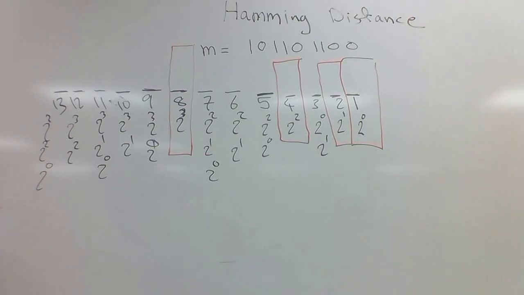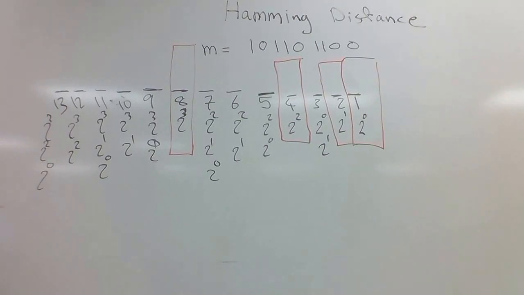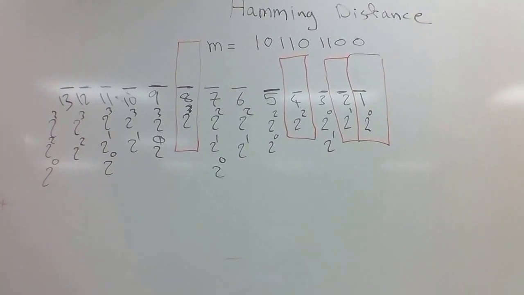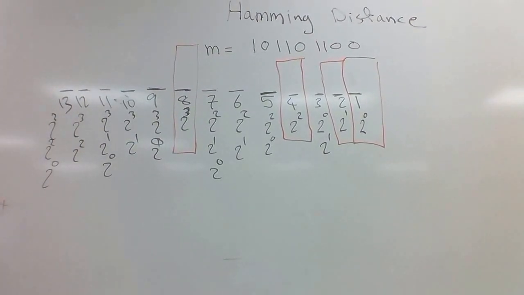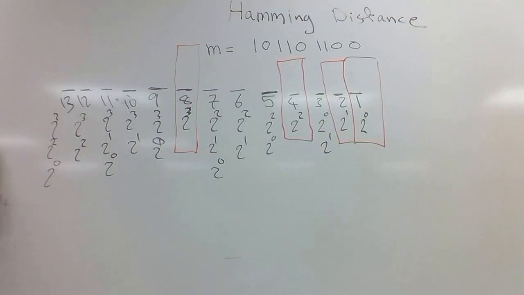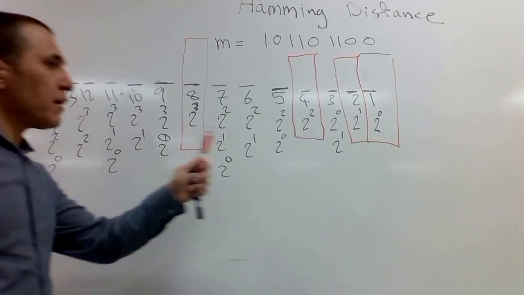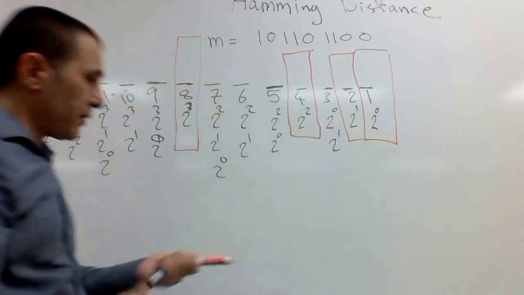Why 12? 12 plus 4 is 16, and bit 16 is 2 to the power 4, so it's going to be a redundant bit. The 5th one. And when is the one after that? 32. So those are my redundant bits.